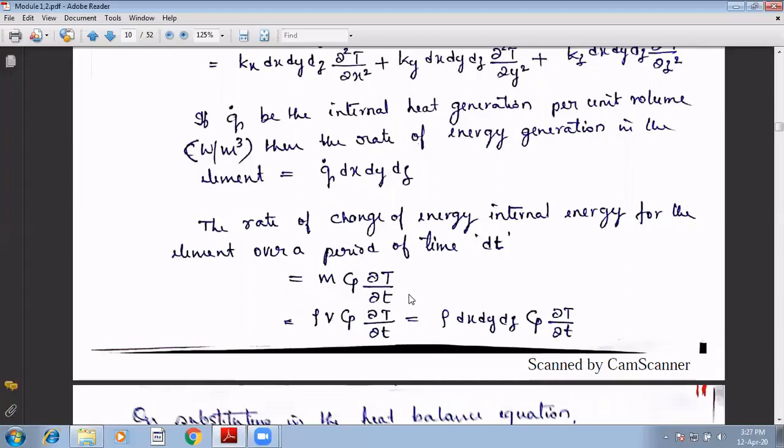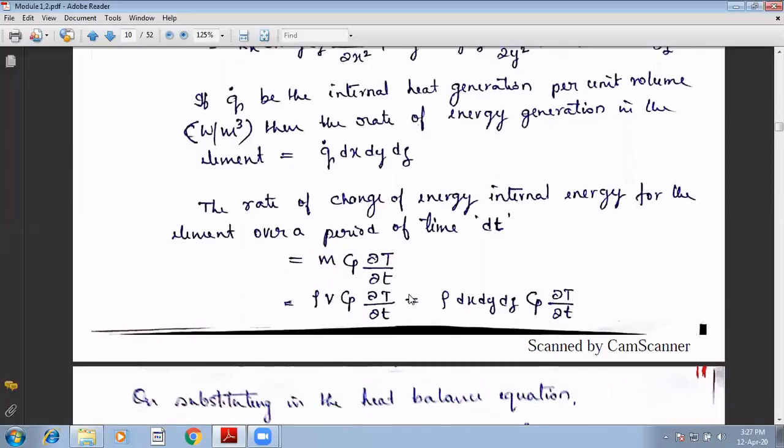The next term is the rate of change of internal energy. We know dU is nothing but m Cp into dT by dt. Now m can be written as density into volume. We have discussed that the volume is dx, dy and dz. So it can be written as rho dx dy dz Cp into dT by dt.